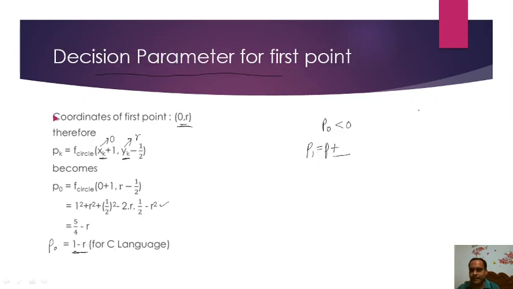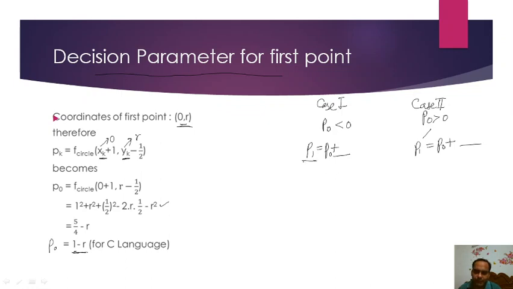So, similarly, if this is case 1, and similarly in case 2 where p0 is greater than 0, then p1 can be calculated from p0 by adding the parameter which we had found out in the earlier equation. So from p0 we can calculate p1.